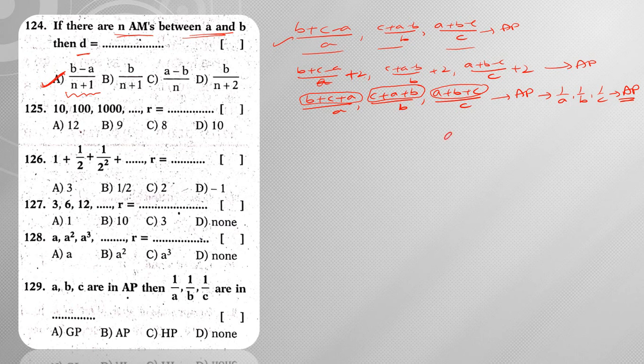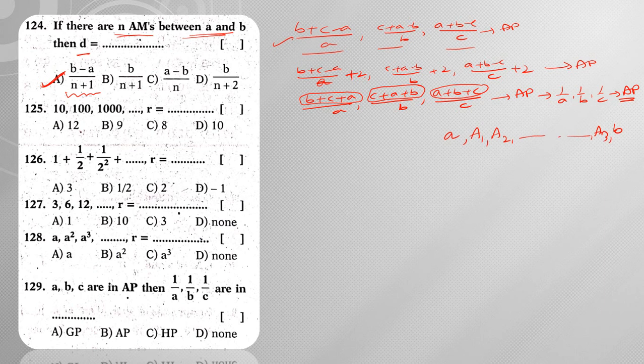Here the first term is a and the last term is b. In between a and b there are n AMs. Let us consider those n AMs as a1, a2, a3 and so on up to an.